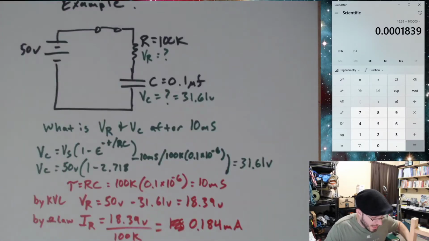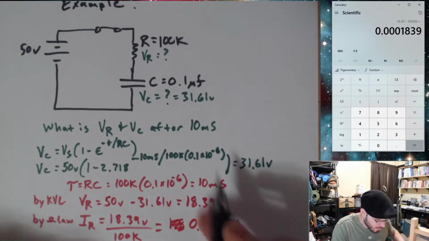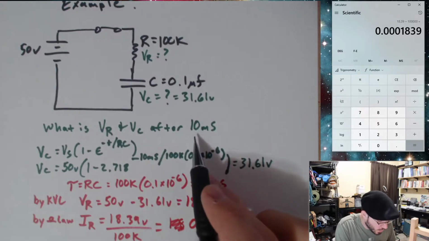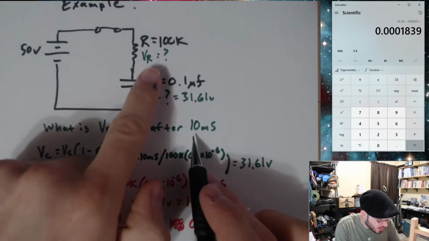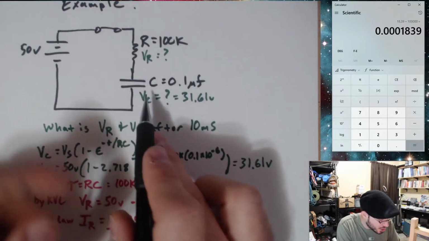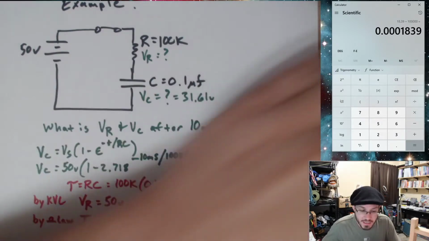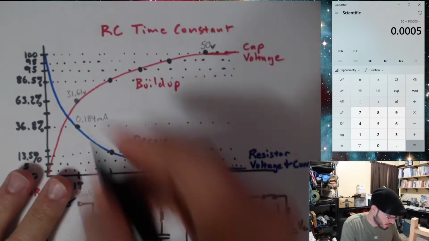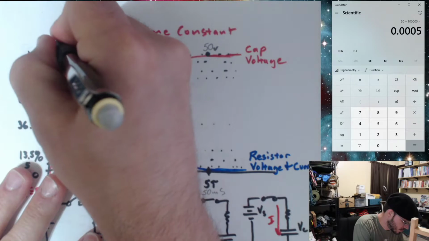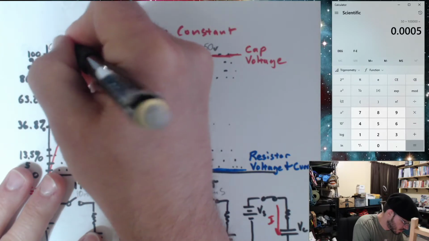Well, the max current at time 0, right at the moment that switch was closed, is just going to be, this guy's acting like a short, so 50 volts divided by 100K. 0.5 milliamps.